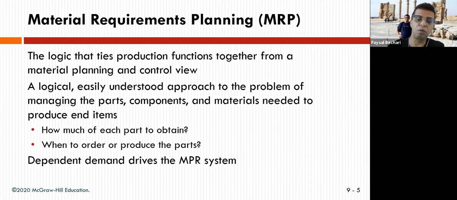So we need to know how much of each part to obtain and when to order or produce these parts. This is what is important in an MRP solution. All of this depends on demand, as demand drives the MRP. So MRP cannot work standalone. Some demand is provided by another connected application or individually, and they put this information into the MRP.